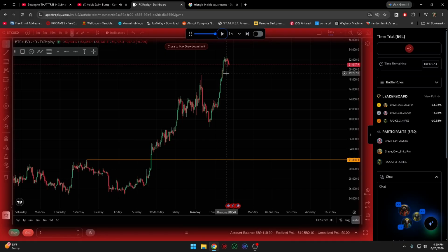Previous trend equilibrium and pulls back to current trend equilibrium.